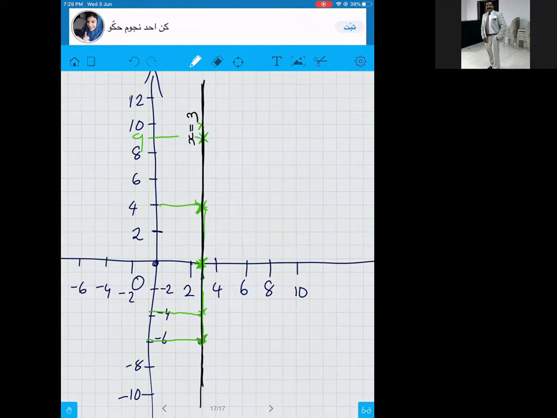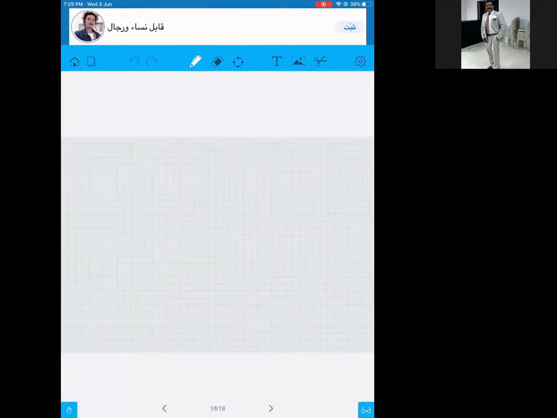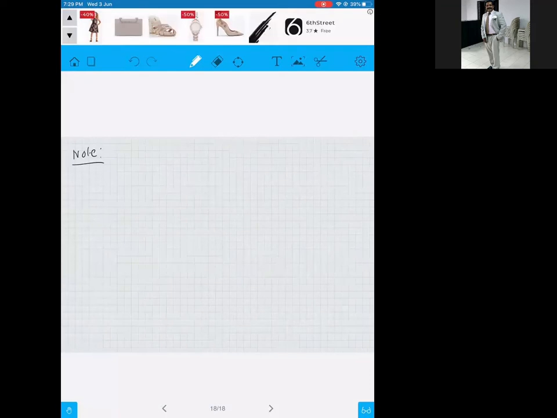So you should remember one thing. If they are asking to draw, you write a note. If we want to draw a graph for the equation x is equal to a, a can take any value, right?